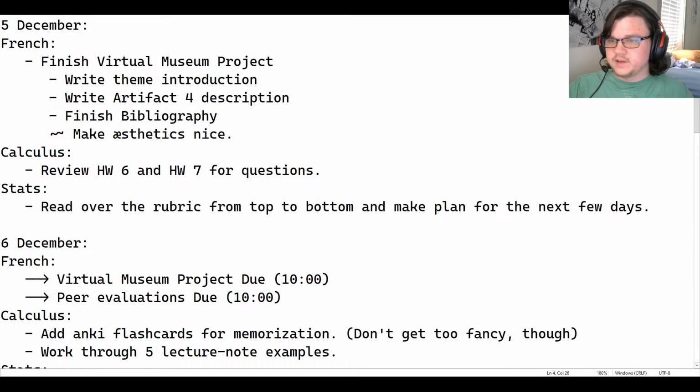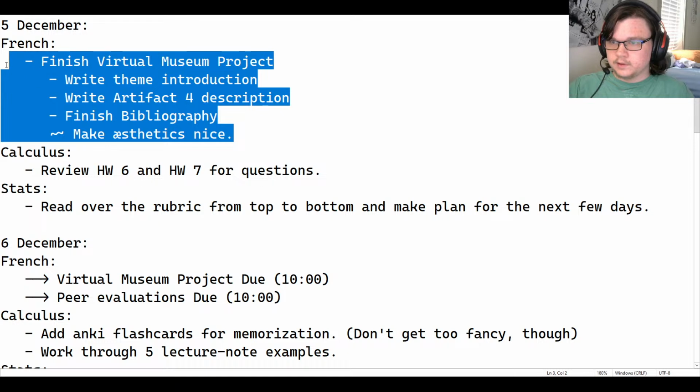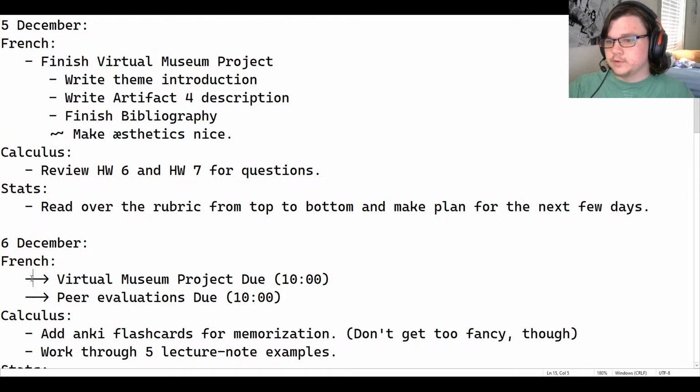Let's go ahead and get started on what it is that I need to get done today. If I'm looking at this, what are my priorities? I think the first one is obviously the thing that's due tomorrow, right?